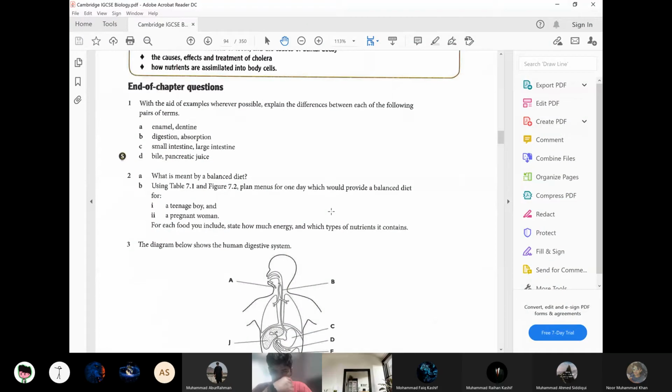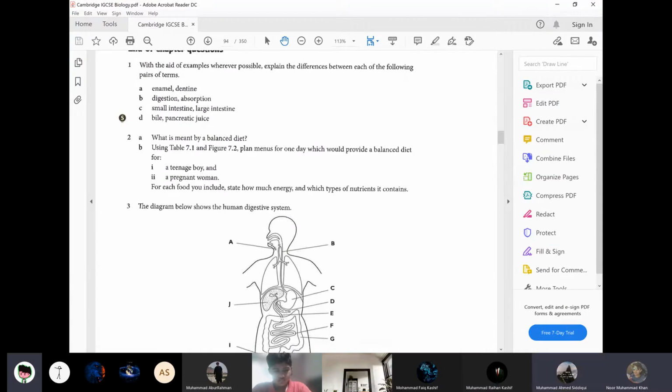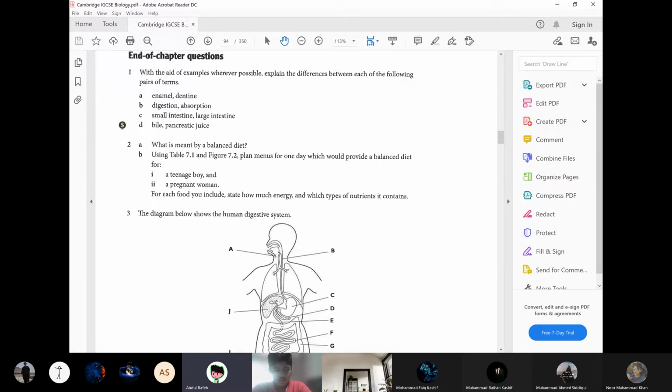Did we start these questions, or do we have to start now? This is the digestive system. Sir, we have started... No, the last one, we have not started the digestive system. We have started transport in plants. No, I'm saying that we have done the end of chapter questions of transport in plants.